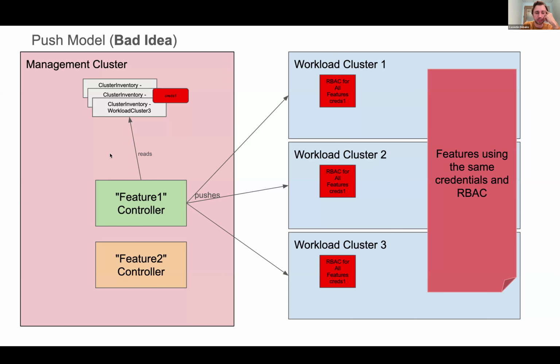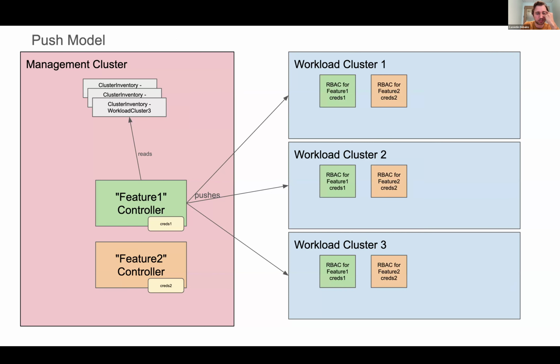Otherwise, I'm ending up having those multi-cluster controllers having cluster admin on every single controller, pretty much. So the credentials living in the workload cluster were not too great, it seemed. So I was moving the credentials instead to each feature has its own credentials, and it knows what it needs. And therefore, they each have their own RBAC.